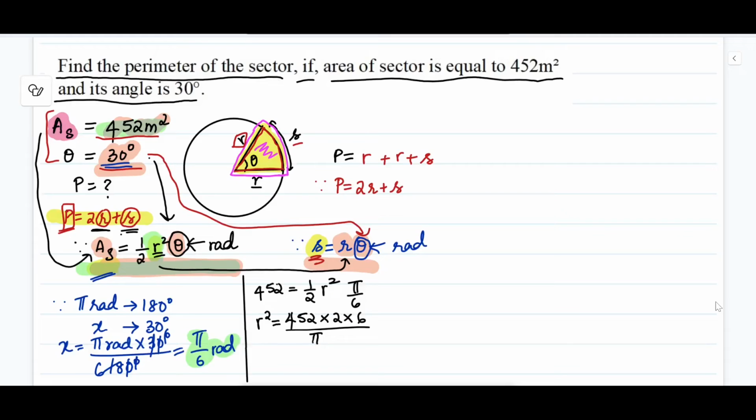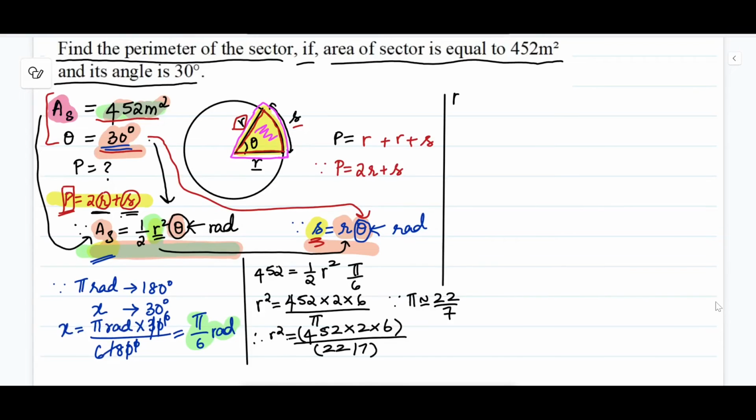We can substitute the value of pi, that is for all, pi is equal to 22 by 7. So r square is equal to 452 into 2 into 6 divided by 22 by 7. When we simplify this, we get r square is equal to 452 into 12 into 7 by 22.